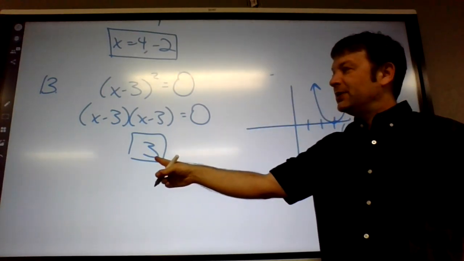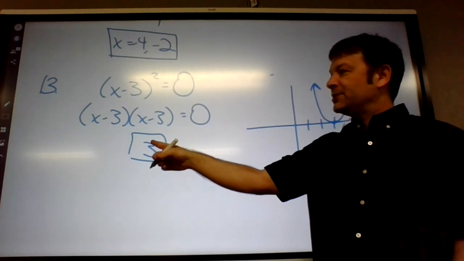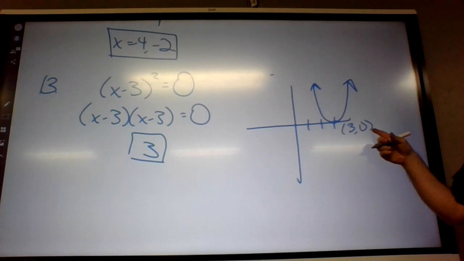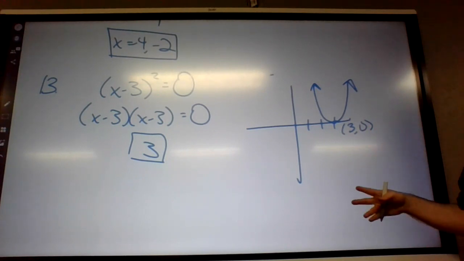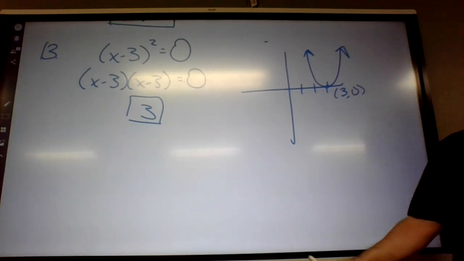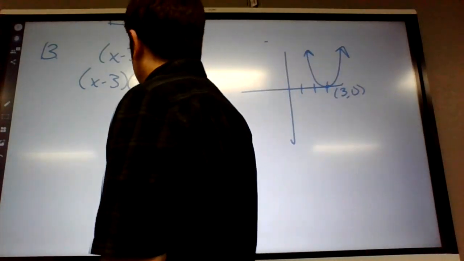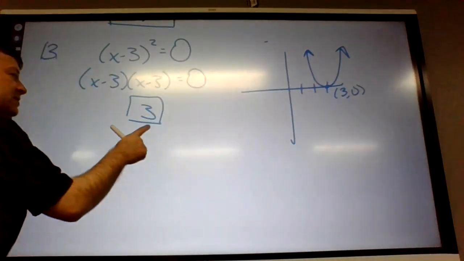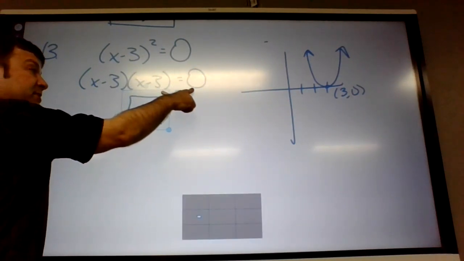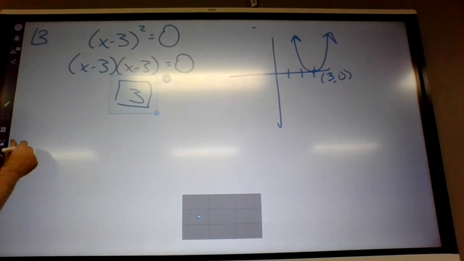It's also the 0 of the function because it's what makes the function equal 0. It's usually kind of confusing. Do you guys understand what I'm saying? Yeah. On the graph, it's where it hits the x-axis, and it's also the value that when you plug it in, makes the function equal 0. All right, it's called the 0 of the function.